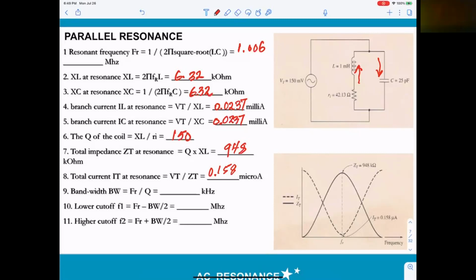Yeah, that's right. So you get 2, 4, 6. I stand corrected. You get 0.158. That's right, Mr. Pham. Okay.